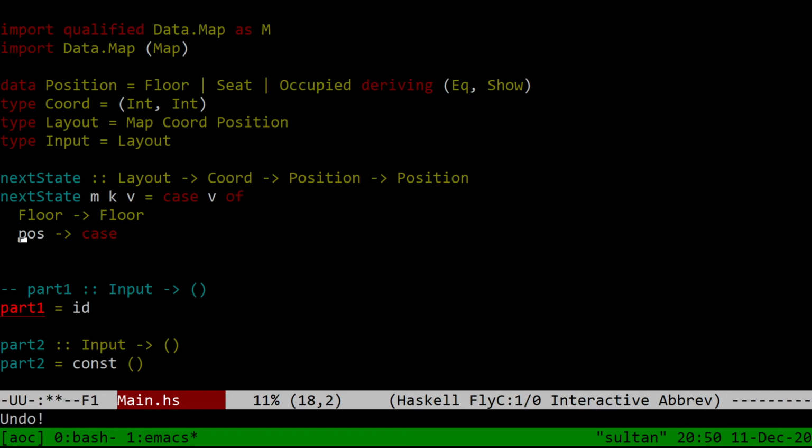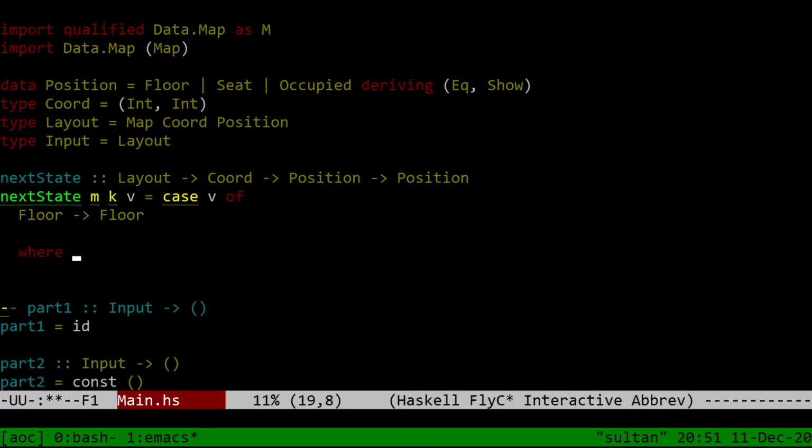But that creates a problem where you'll have to do an inexhaustive pattern match here. You say case pos of occupied, seat, and you're like, well, what about floor? And you can see that floor is not possible, but it's kind of gross. And also, you don't really have to do this, because you can just have a where block that is shared among all cases, and as long as no one ever looks at it, it doesn't waste much time.